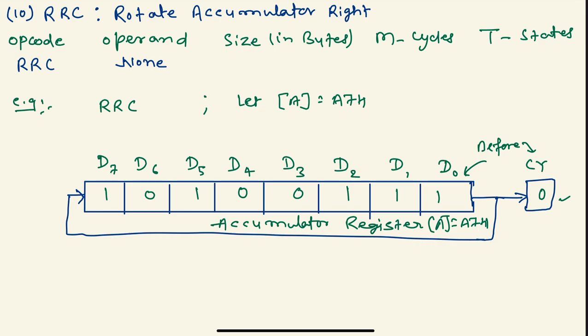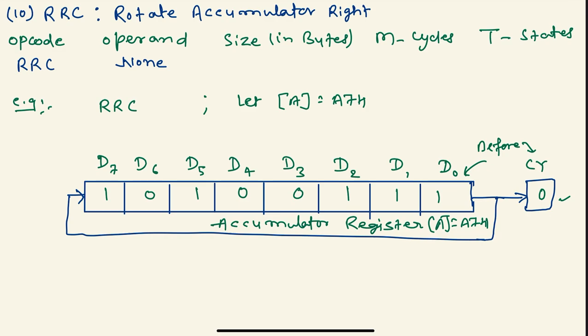Now whenever we execute this RRC, that is, when the microprocessor executes the RRC instruction, how will the outcomes come in the accumulator register and flag? Here the data is going to be shifted to the right side.